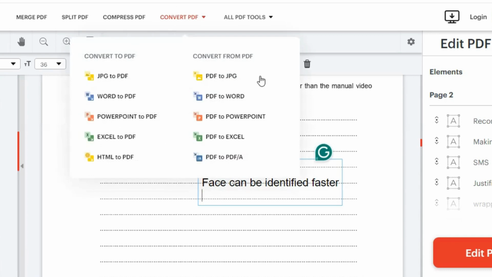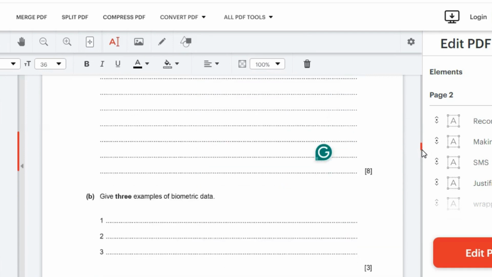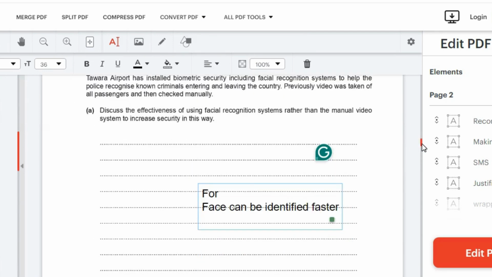That's one. How many marks are we covering? We have 8 marks. That means at least we should have four for each, for and against.